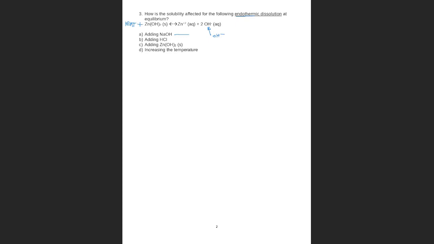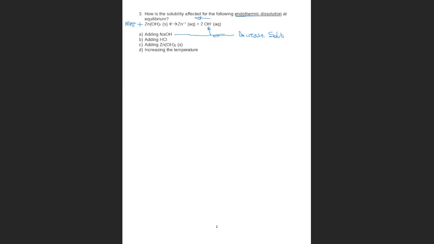If the equilibrium shifts to the left, it means the solubility decreases. Everybody sees that? Decreased solubility, because the equilibrium shifts to the left.